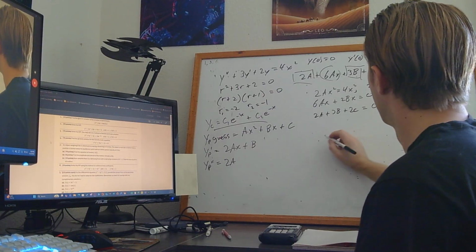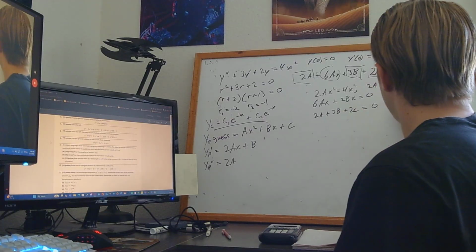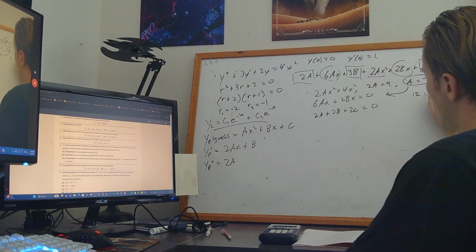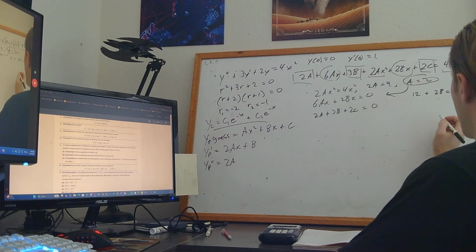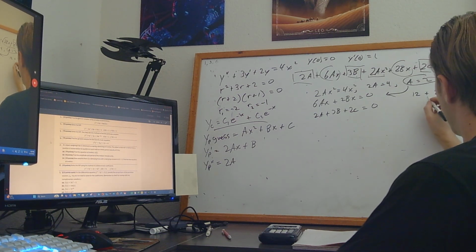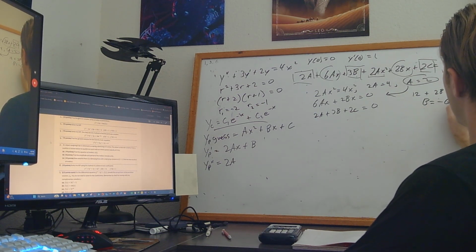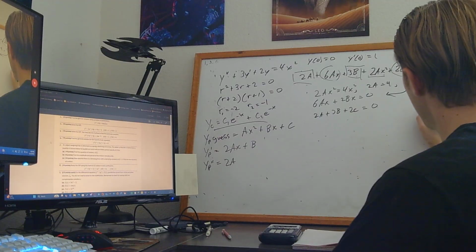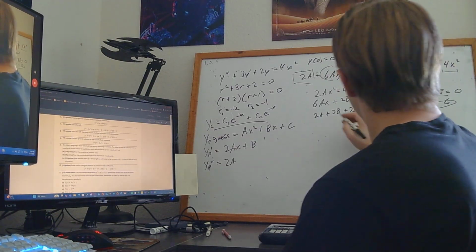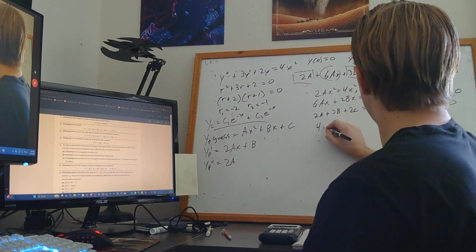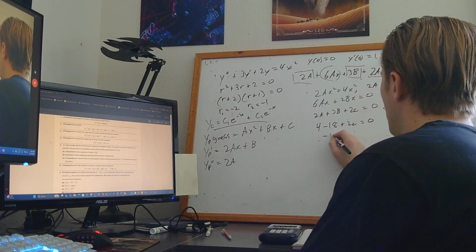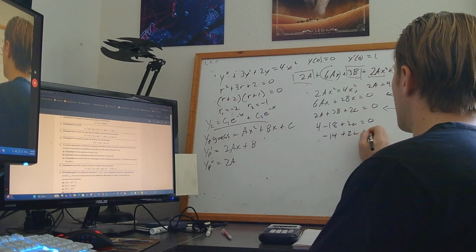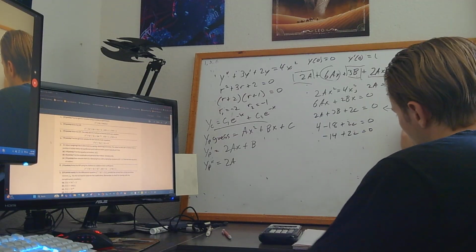Plug it into here. So we're going to have 12 plus 2b equals 0, right? So b is going to be minus 6. Just plugging that into there. So we're going to have 4 minus 18 plus 2c equals 0. Minus 14 plus 2c equals 0. So what is c?